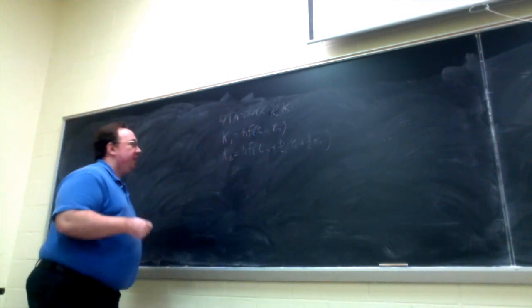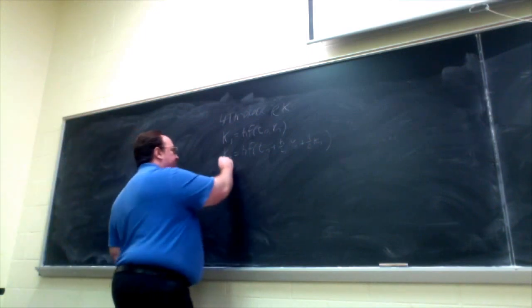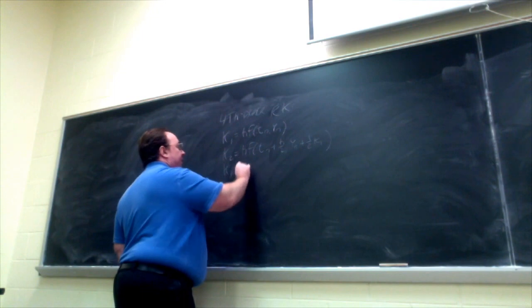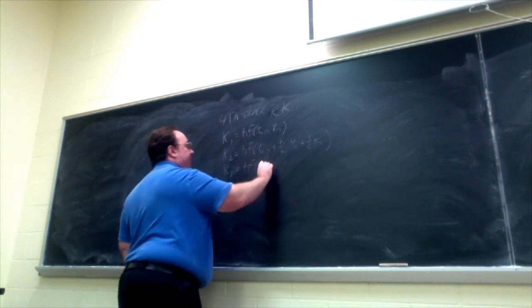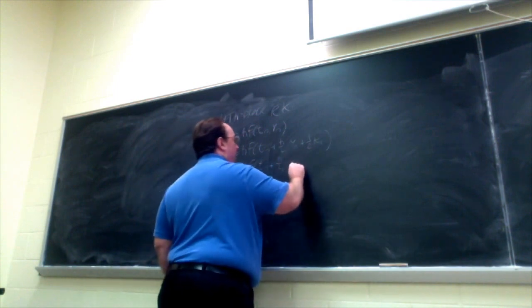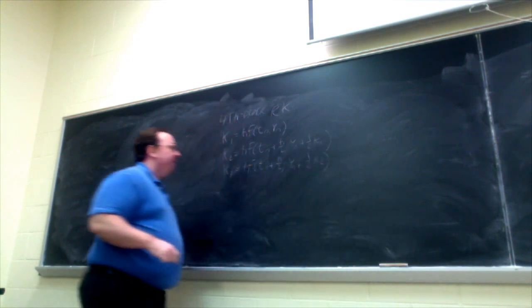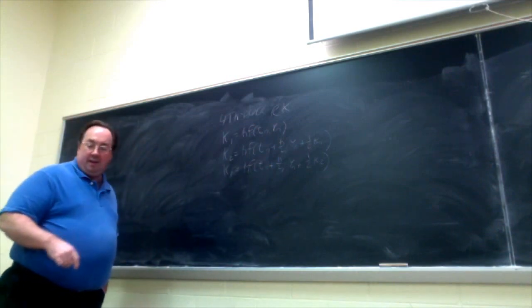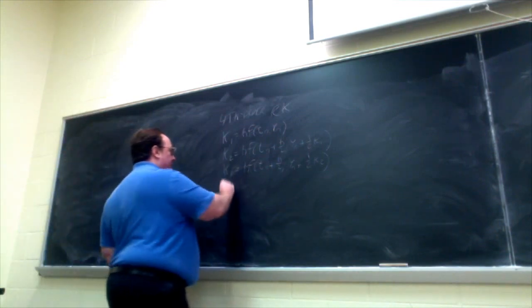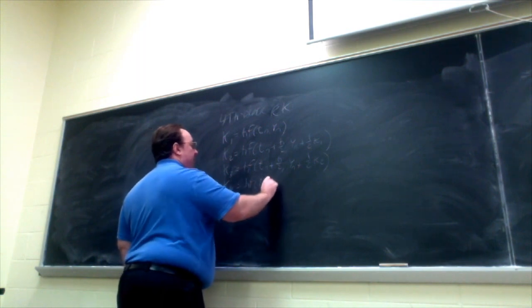So that's actually the same 2 stages we use for the midpoint method, but then we compute 2 more. K3 is equal to h f of tn plus h over 2 again, but now we have yn plus 1/2 K2. And then finally, K4 is h f of tn plus h.